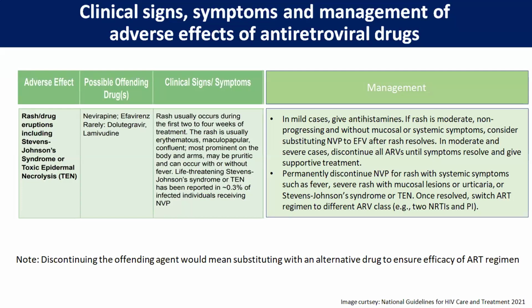In mild cases, up to grade 2, you can continue the antiretrovirals with an antihistaminic, but whenever systemic symptoms develop or mucous membrane involvement is there, you should immediately stop all the antiretrovirals with conservative management until the patient becomes normal and all rashes disappear. And think of another drug if there is a grade 3 or 4 hypersensitive skin rash.